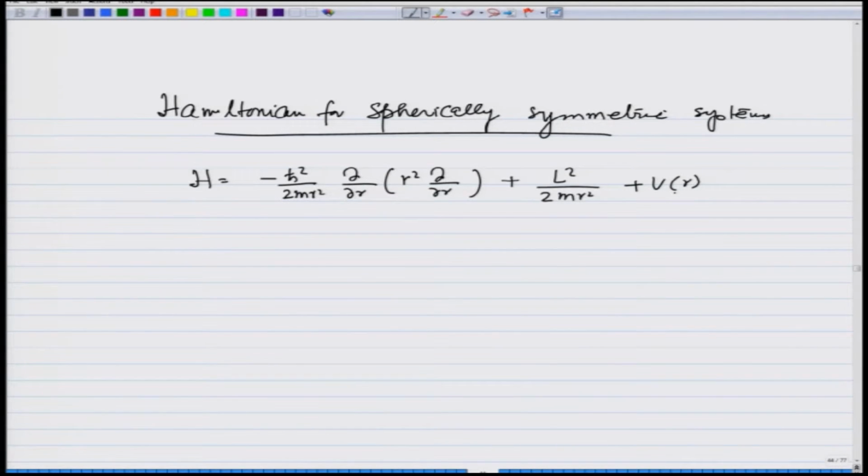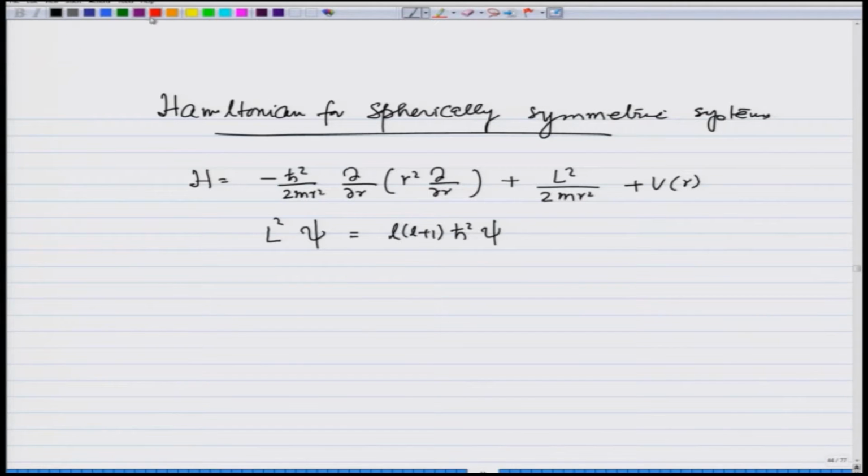And since the eigenfunctions psi are going to be simultaneous eigenfunctions of the angular momentum operator, I can easily write that L square psi is going to be equal to L plus 1 h cross square psi.